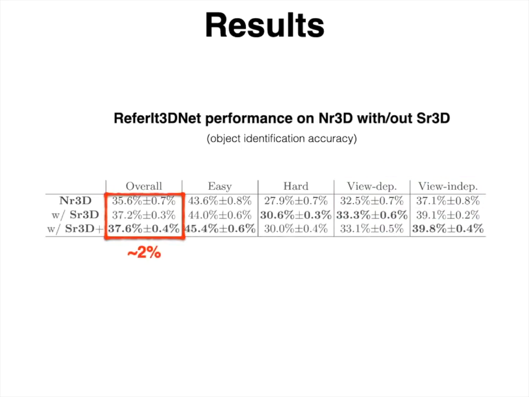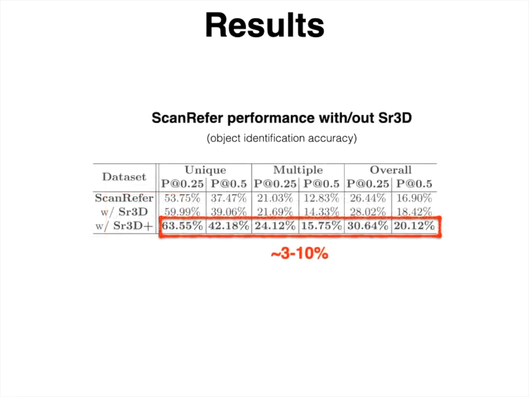We also observe that training with both natural and template-based spatial utterances is beneficial when testing generalization on natural references. Last, we saw that using the SR3D data during training in the pipeline of a concurrent work on object localization can be beneficial in terms of the achieved mean IOU accuracy.